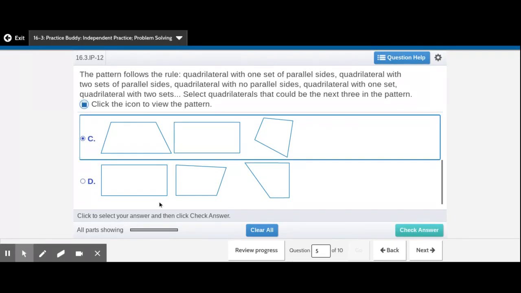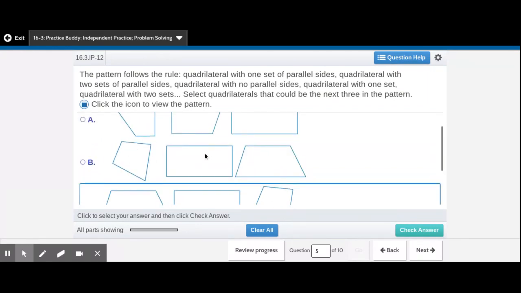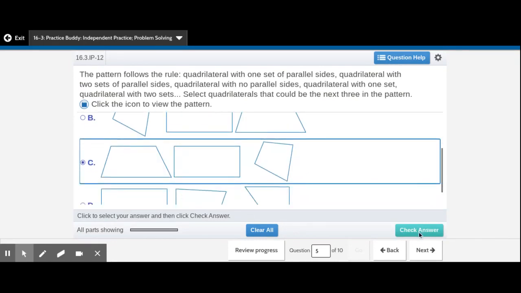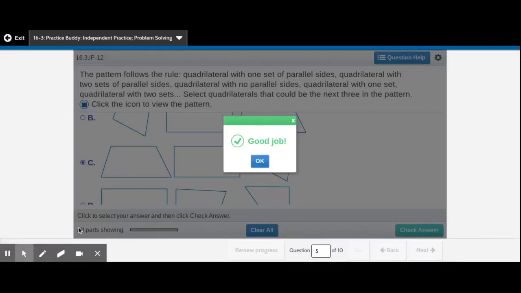This one is two sets, one set, one set. This one is no set, two sets, one set. This one is one set, two sets. So C looks like our option. We are correct.